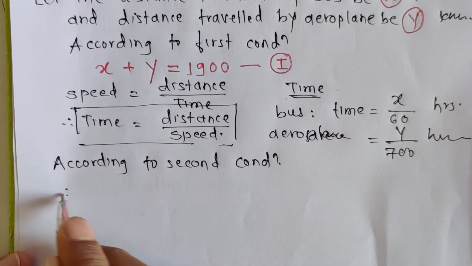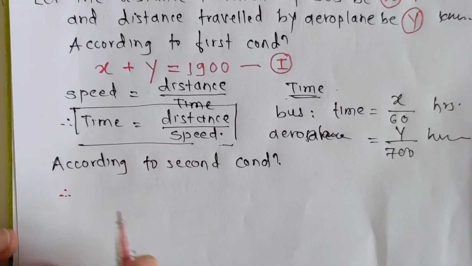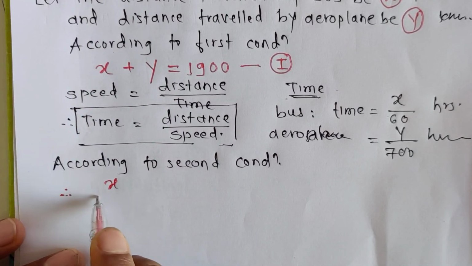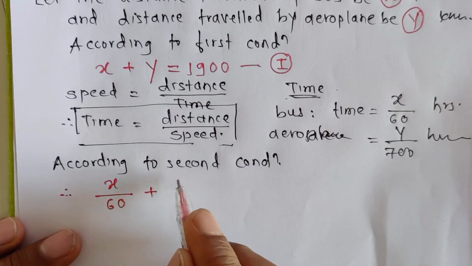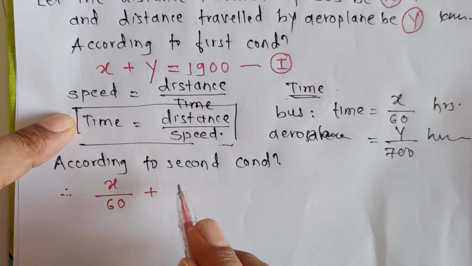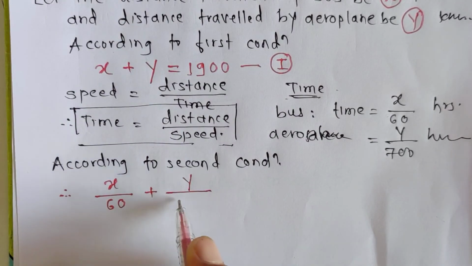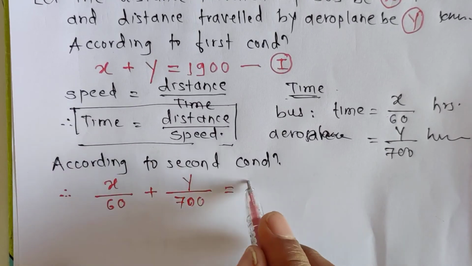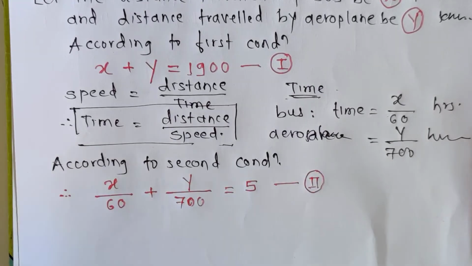Therefore, what is the time taken by bus? Distance covered by bus, x kilometer, divided by the average speed of bus, plus the time taken by aeroplane, distance covered by the aeroplane divided by the average speed of aeroplane, is equal to 5 hours. So this is our second equation.